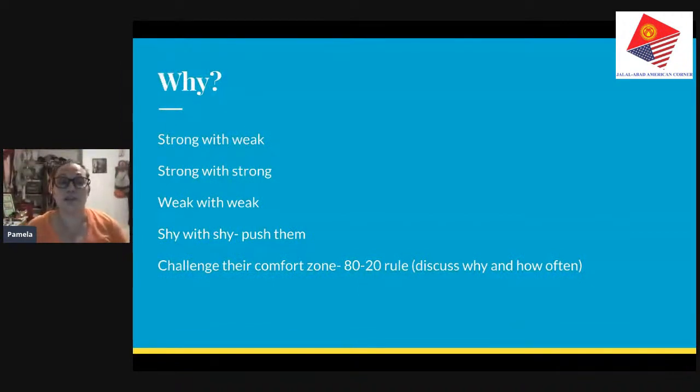If the strong ones are just constantly helping explain things to the weak ones, then they're not really learning themselves. But the weak ones are getting the information explained to them by a peer. They're getting that one-on-one attention.